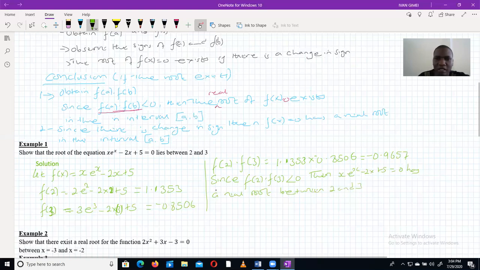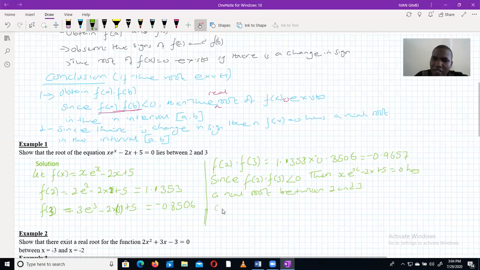Or you can simply say, then the function lies between 2 and 3. Remember, this function may have many other roots, but we're looking at the one that lies between 2 and 3.